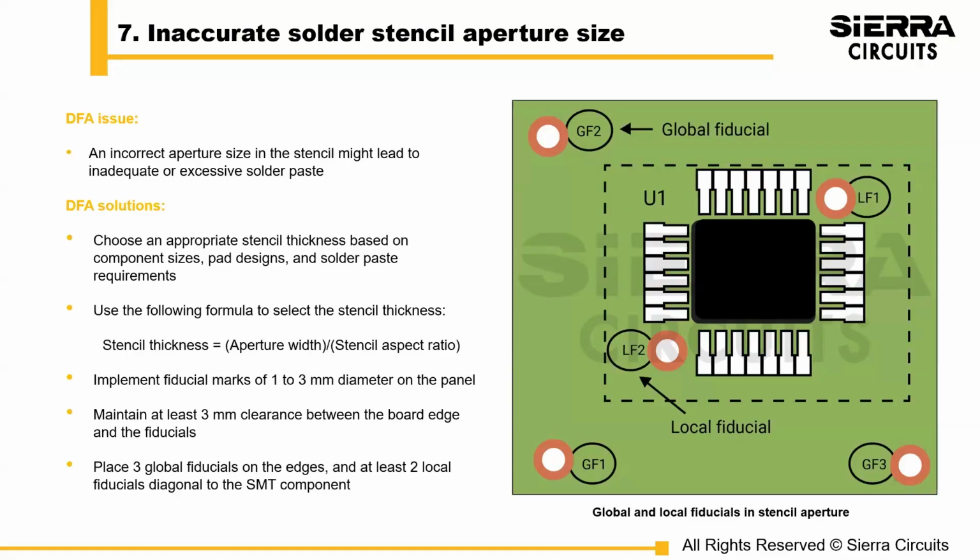Also maintain at least 3 mm clearance between the board edge and the fiducials, and place 3 global fiducials on the edges and at least 2 local fiducials diagonal to the SMT component. Here we have shown an image where the global and the local fiducials in stencil aperture are marked.